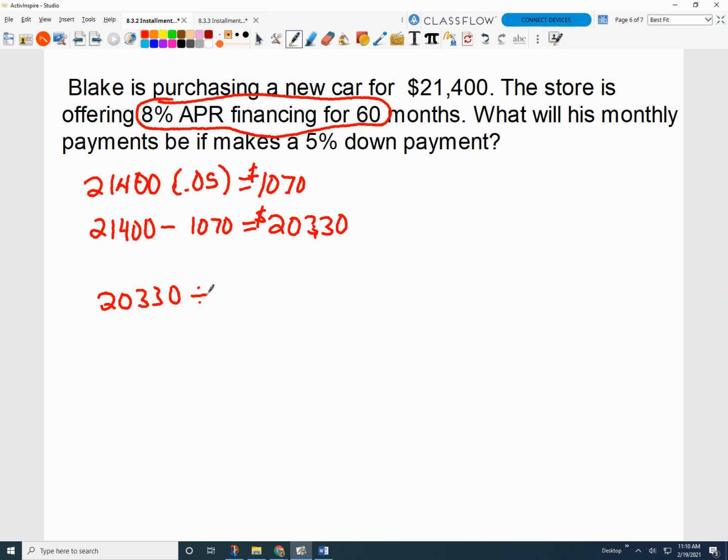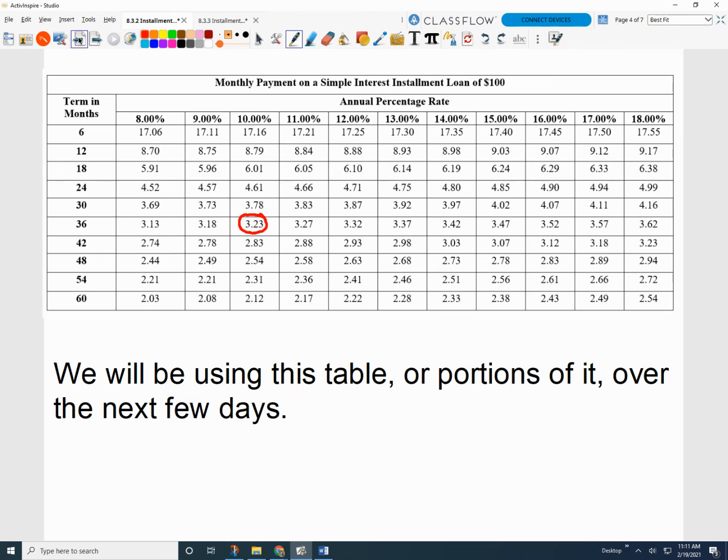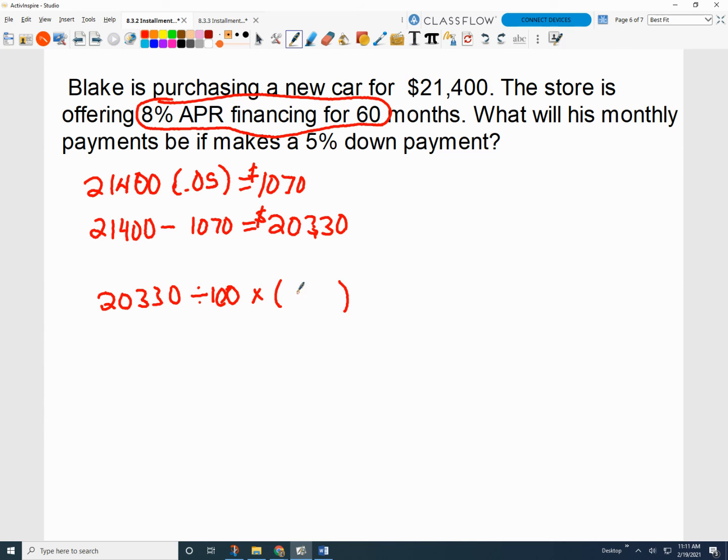We're going to divide that by 100 to make it line up on the table, and then multiply that by the table value. Now I've got to flip back to grab that. 8% for 60 months, 203. So his monthly payment for this car is $412, and after I round, 70 cents.